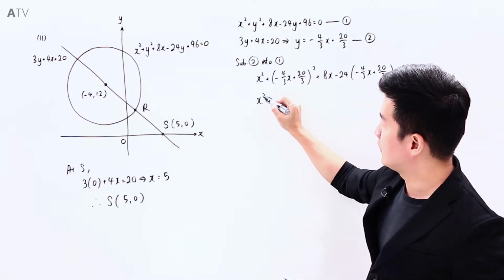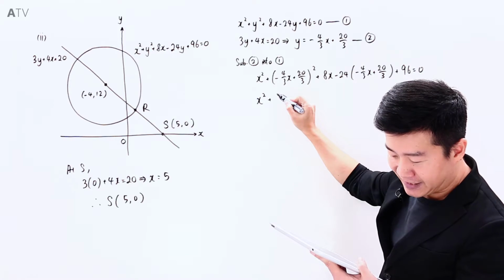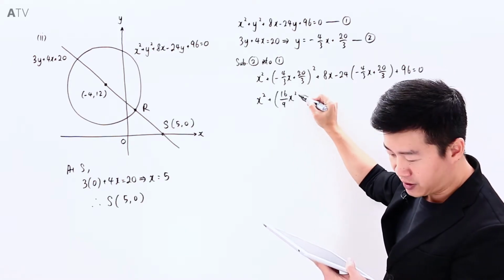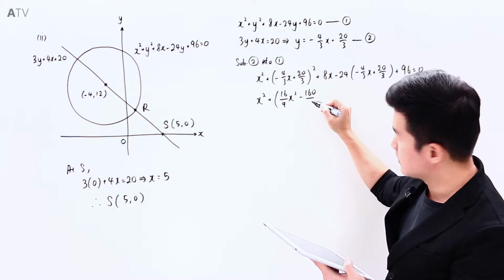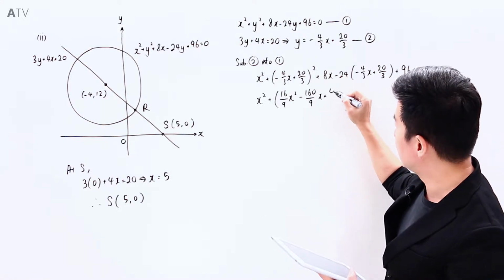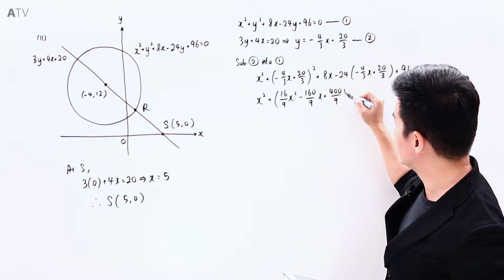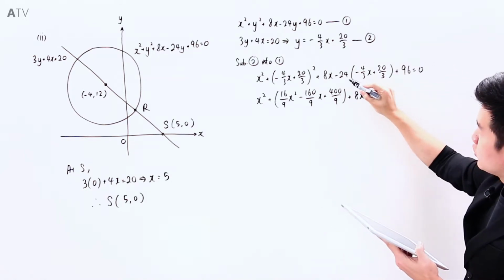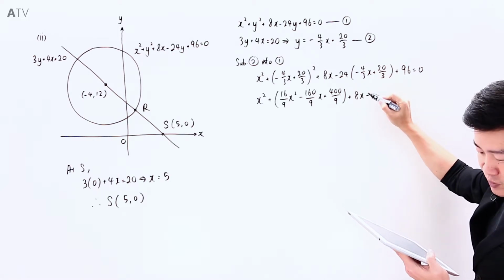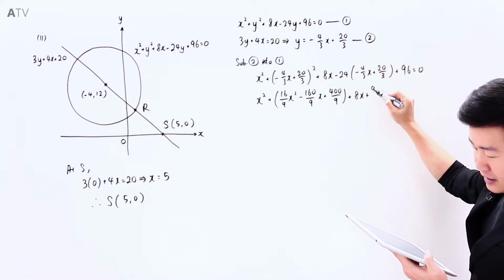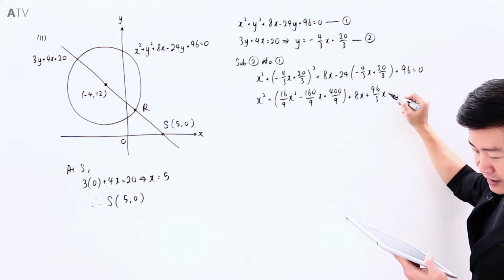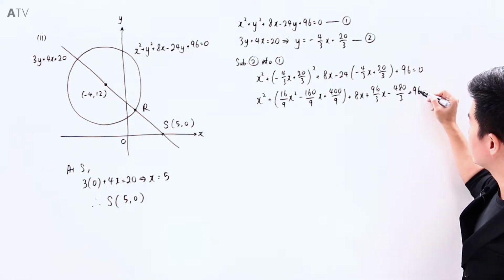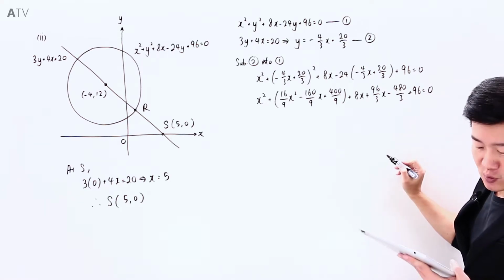Expanding this will give me x squared plus 16 over 9 x squared minus 160 over 9 x plus 400 over 9 plus 8x, and minus 24 multiplied in gives a plus 96 over 3 x minus 480 over 3, plus 96 is equal to 0.